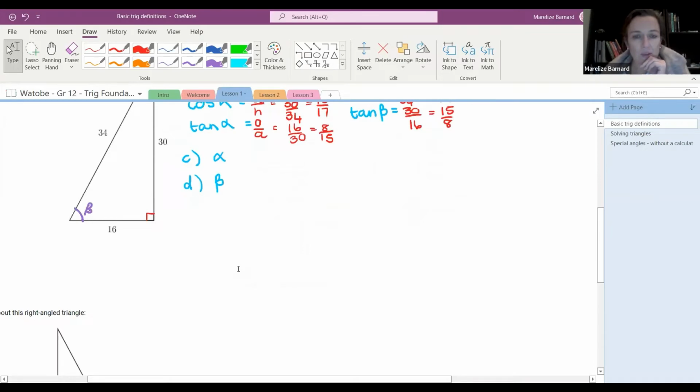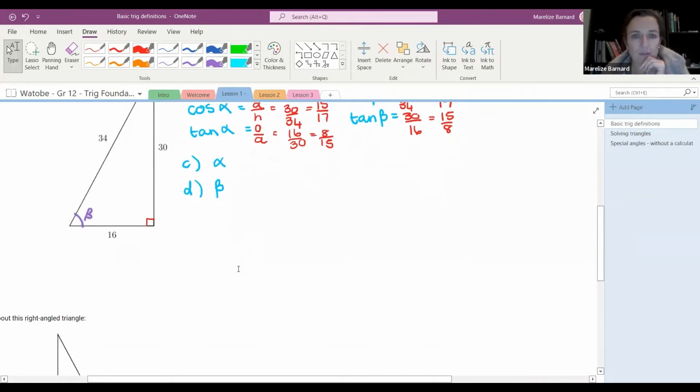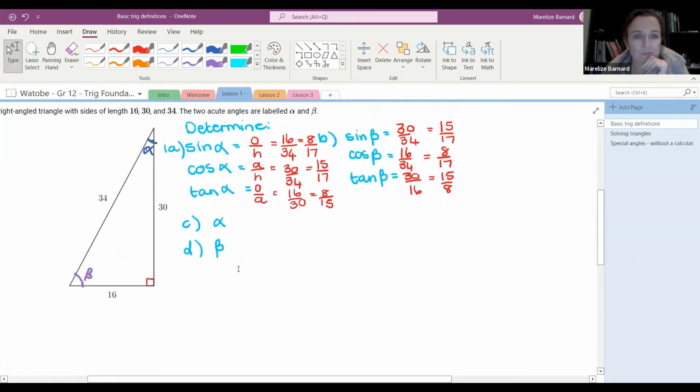Looks like we are all quite good with our 3 trig ratios. Now what I want you to do in question C is work out what alpha is. What is the actual value of alpha? And when you have that, I want you to also work out what the value of beta is. When you're ready, you can pop that into the chat as well.